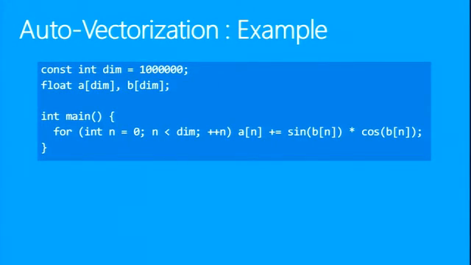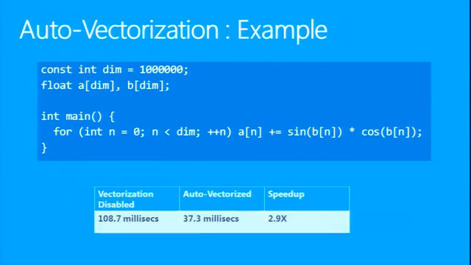So if we compiled this with the VS 2010 compiler, it would generate scalar code, as I've already said. But with the Visual Studio 11 version, it will generate vector code. How much faster will it run? Well, down below, I've got the 2 results measured on the PC in my office. If I disable vectorization, it takes 108 milliseconds.